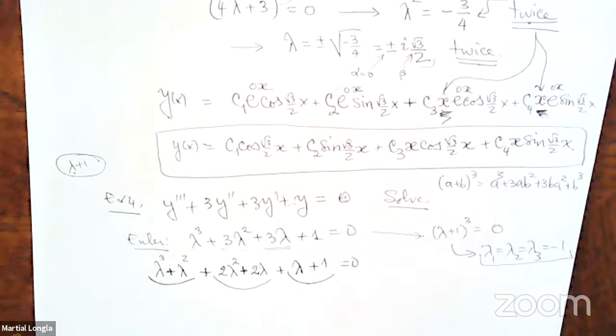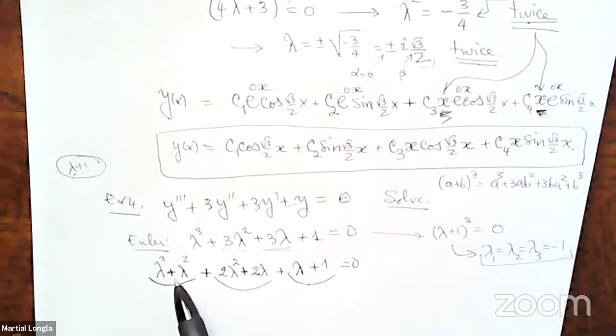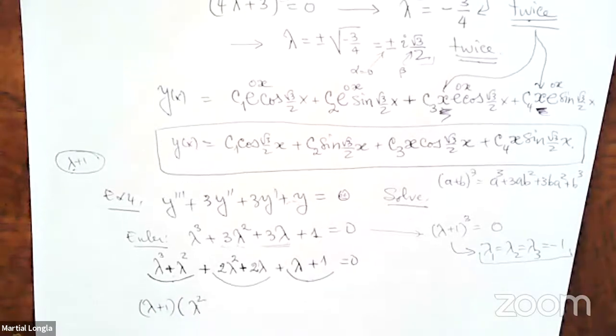So no matter what root you guess, if you do this, it's always going to work. From here, I get lambda plus 1. From here, I get another lambda plus 1. From here, I get lambda plus 1. So I factor out the lambda plus 1. When I factor out lambda plus 1 from the first block, I get lambda squared. From the second block, I get 2 lambda.